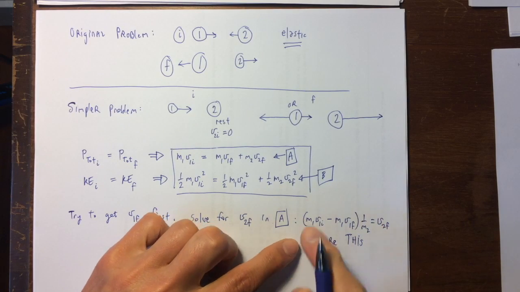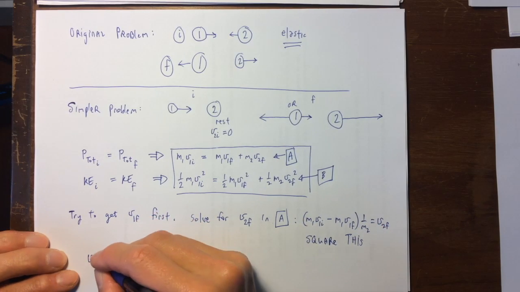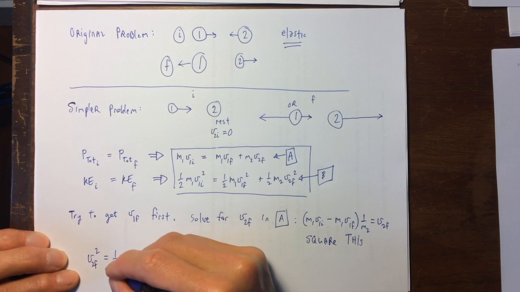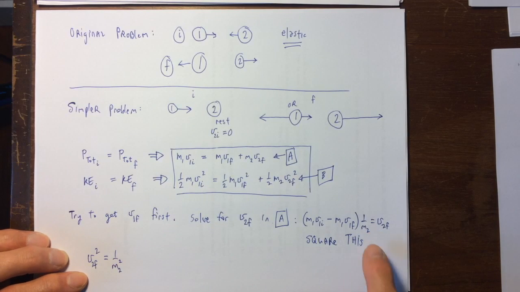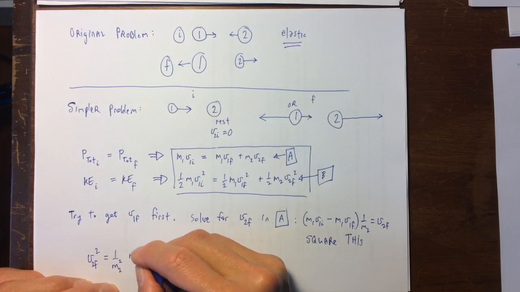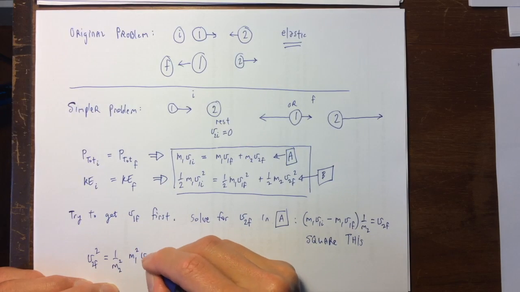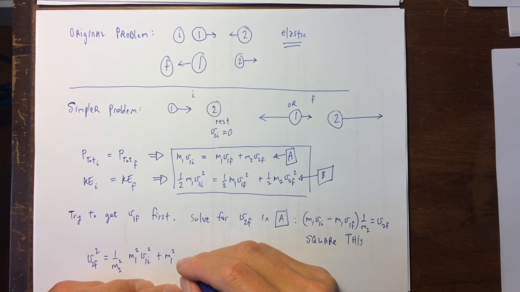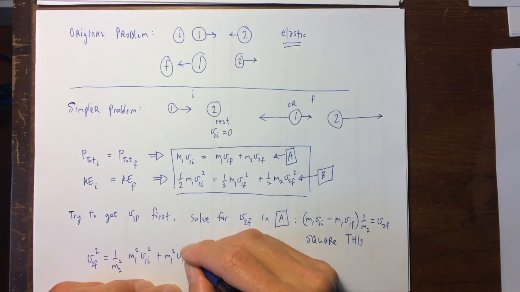So if I square this relationship here, I get V2 final squared equals 1 over M2 squared, right? 1 over M2 has to be squared if I square both sides. And then the square of this. And the square of this thing is M1 squared V1 initial squared plus M1 squared V1 final squared.